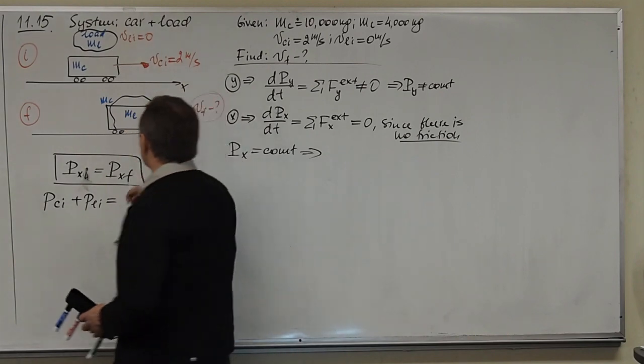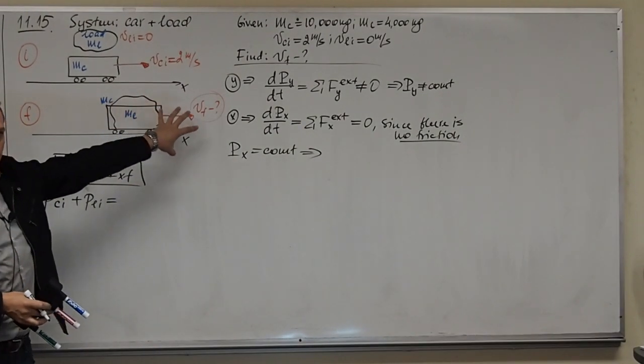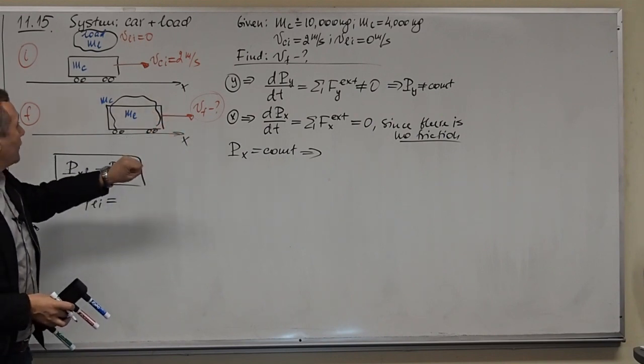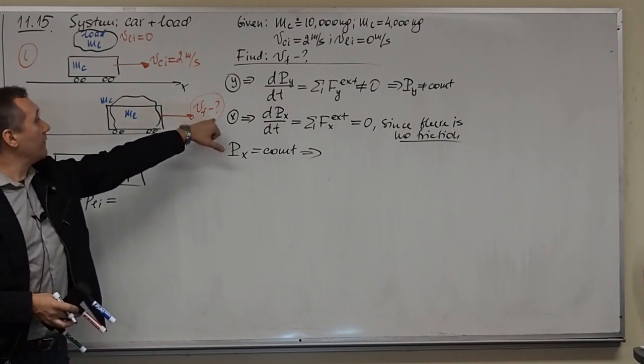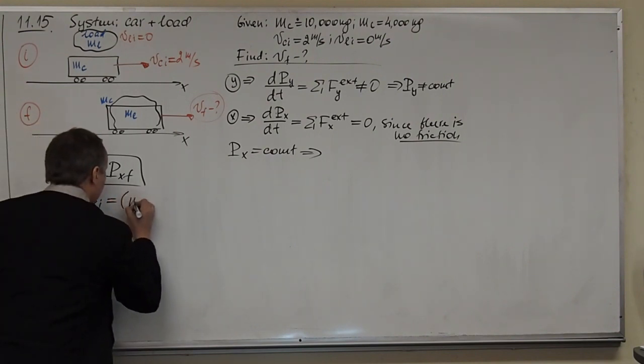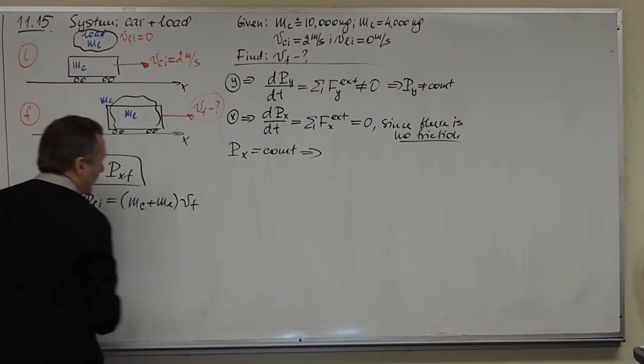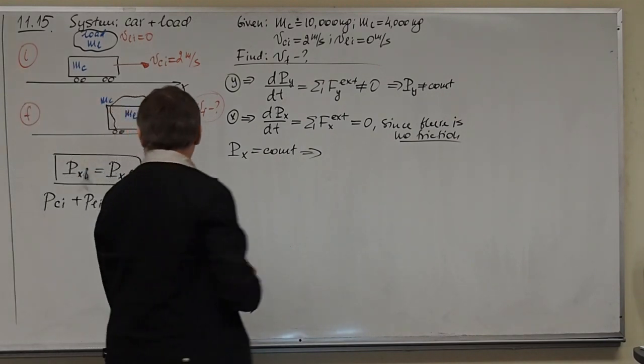And now I can write something similar after the collision. But now both of the objects move with the same velocity V f, so I can factor that out. So I can write m car plus m load, times V final.